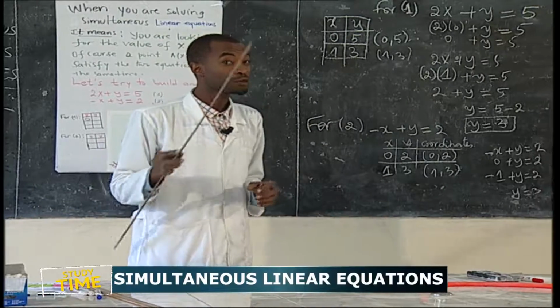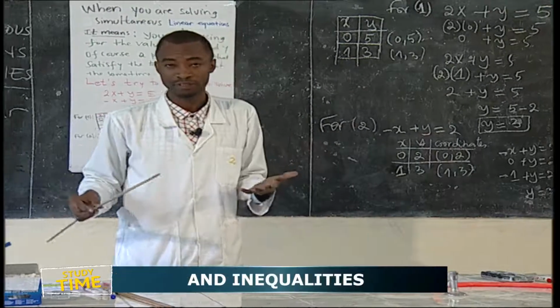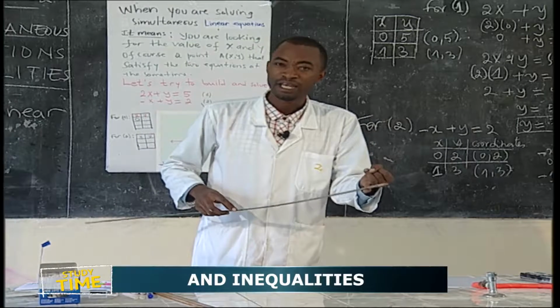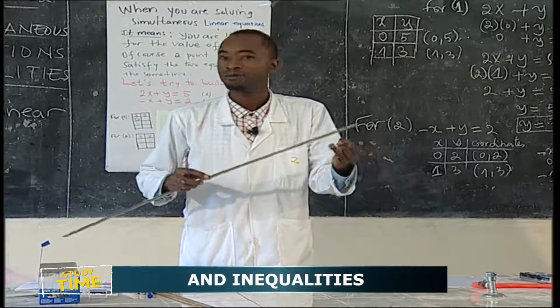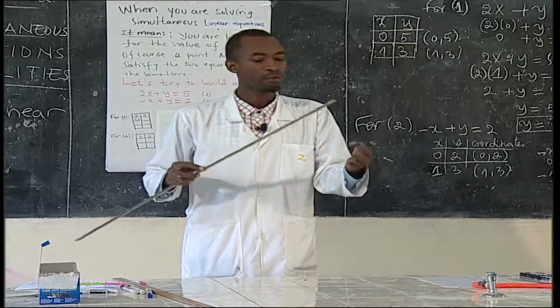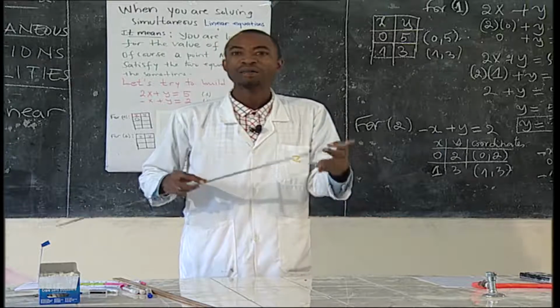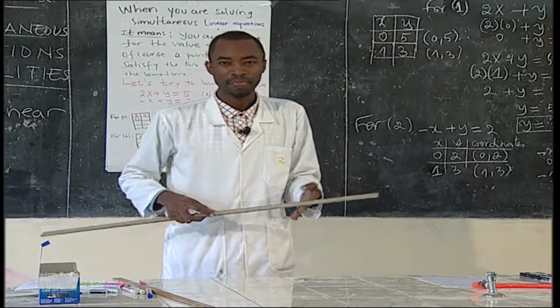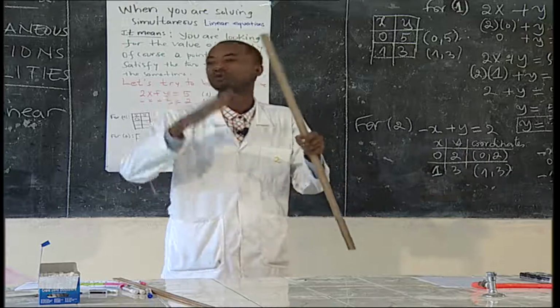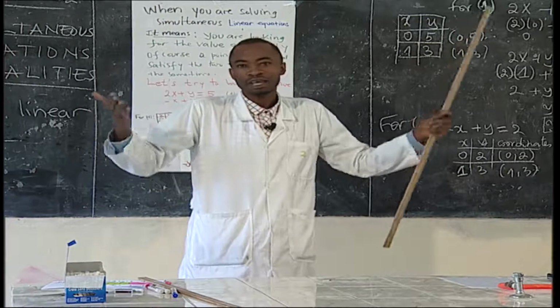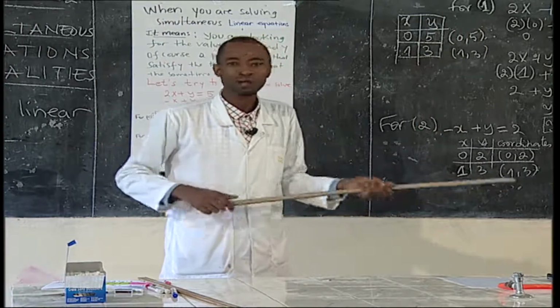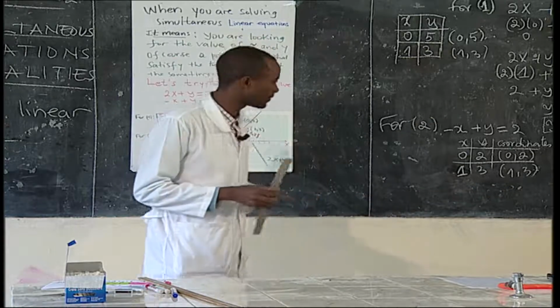We have straight line graph methods, elimination methods, substitution methods, and we can use comparison methods. When you use all those different methods, you will get one solution which solves both equations as they are given.